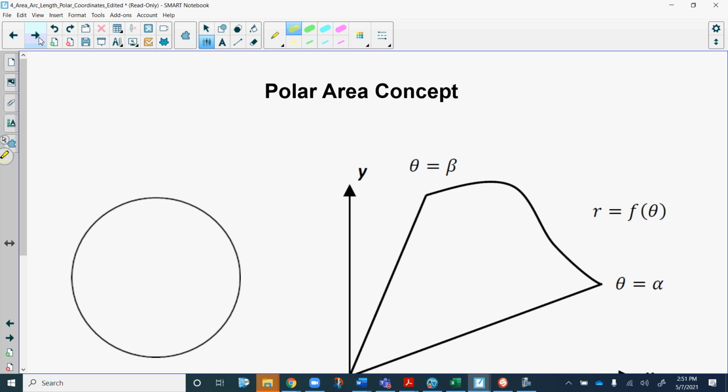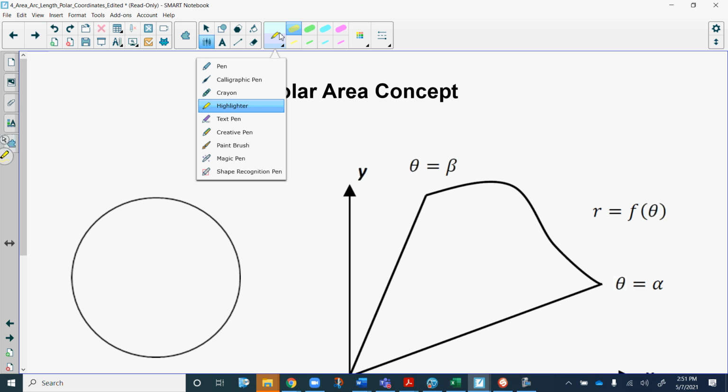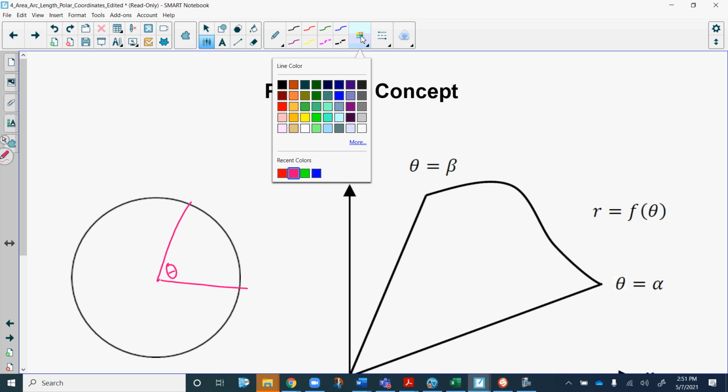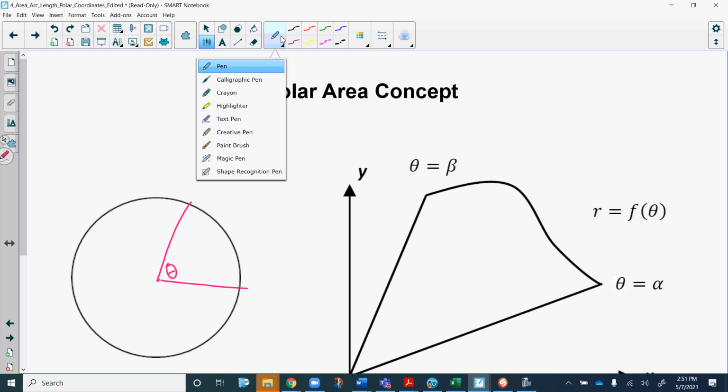So let's see what we have here. The polar area concept. Depending on what you have seen previously in mathematics, we've seen sector area in possibly two different classes. Here, this is representing a central angle, and what I have here is just the sector of a circle.